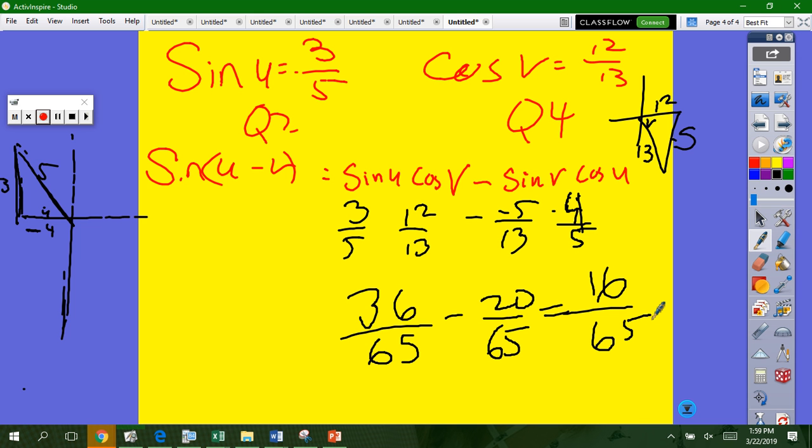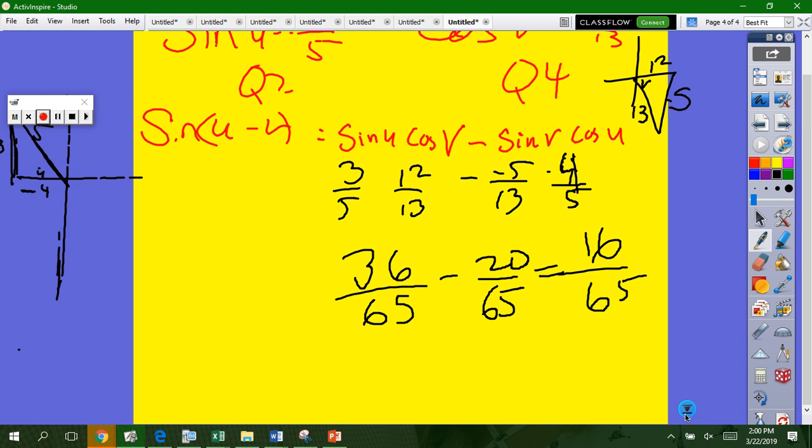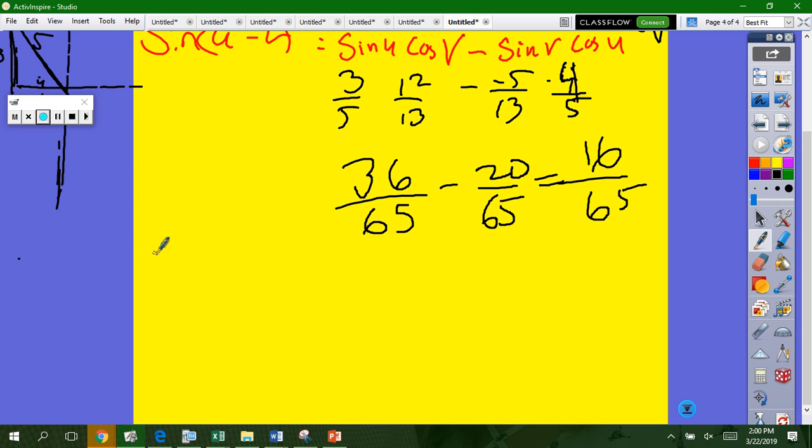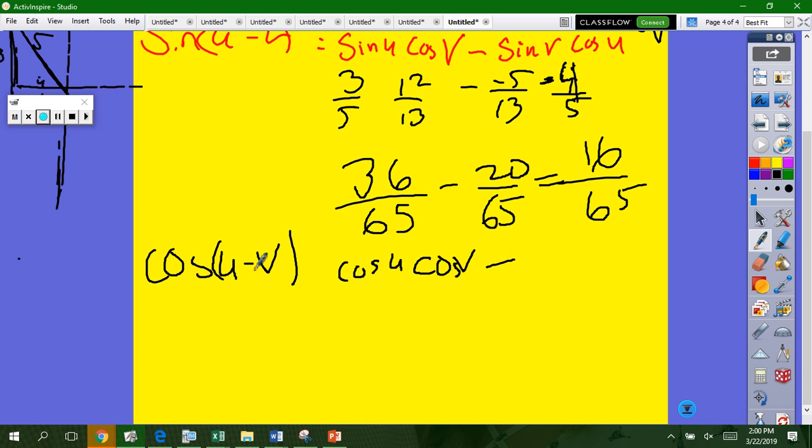Everybody got where that sine comes from? Now we're going to do the cosine. So this is cosine u. Because it's a minus, what does this become?